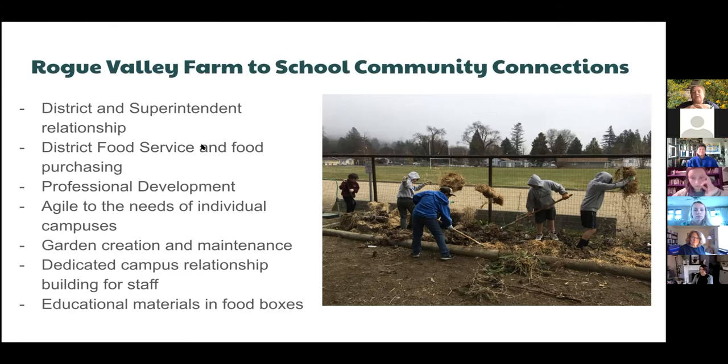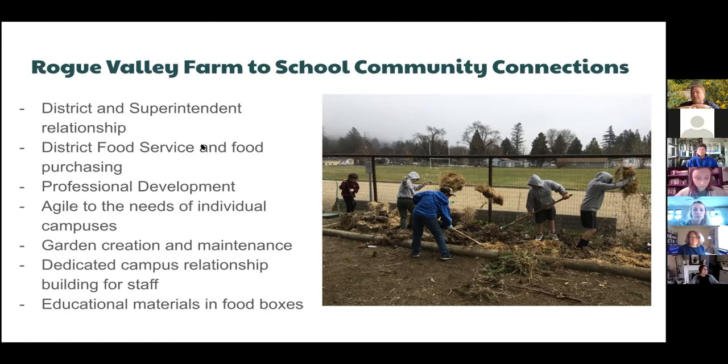And so, you know, where they have a very tiny school that has just 1 or 2 classes per grade level, their program has ended up looking a little bit different than a school where there might be 5 classes per grade level. So really making sure that they're agile and responsive to what teachers need.